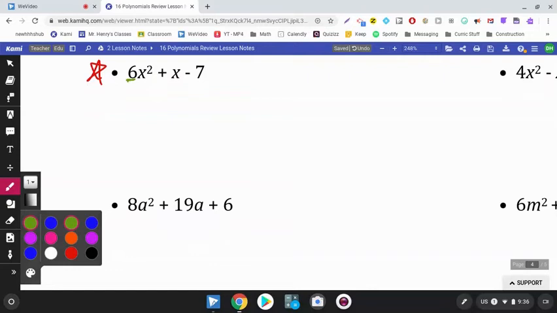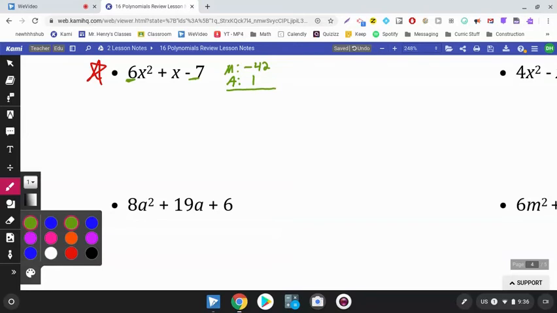So I take the coefficient, the a value, and the constant. 6 times 7 is 42. And it's negative, so negative 42. And I'm adding to that middle, I'm adding to 1. That is my magic combo. A little bit different than inspection when I'm doing decomp.